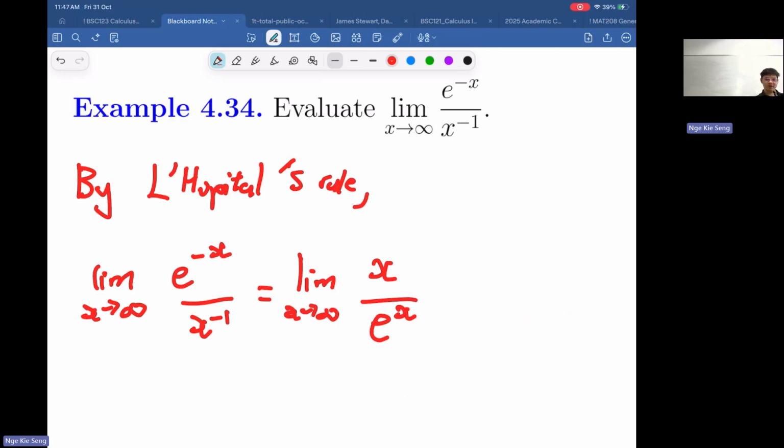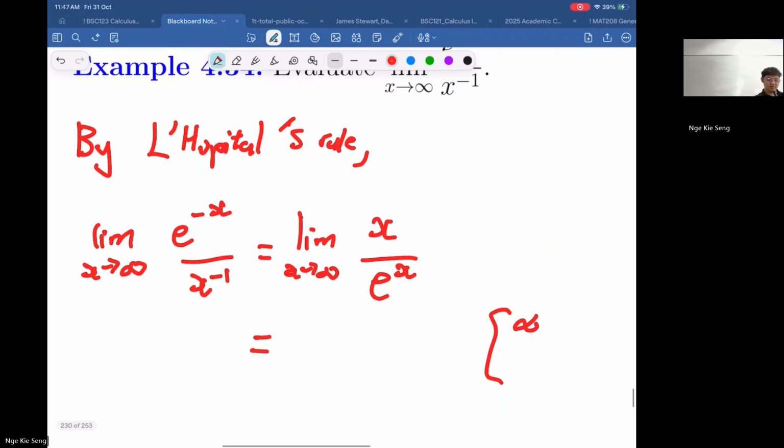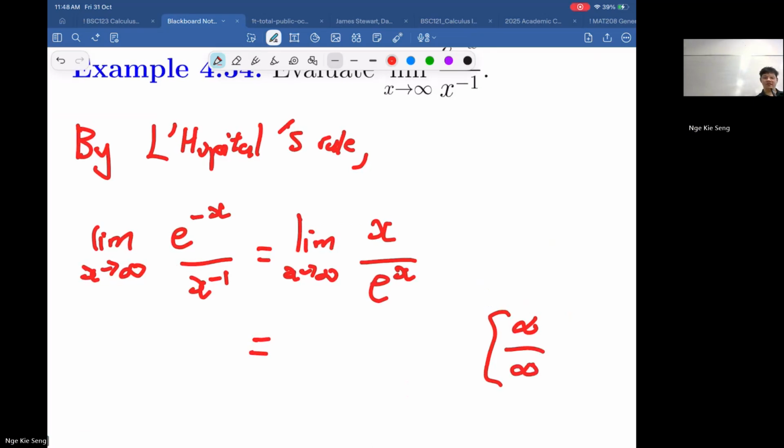But in this case, what is the intermediate form you get? Why can you use L'Hopital? What's the intermediate form here? Infinity over infinity? Okay, good. So then you can use L'Hopital, and you get 1 over e to the x, and then you get 0.